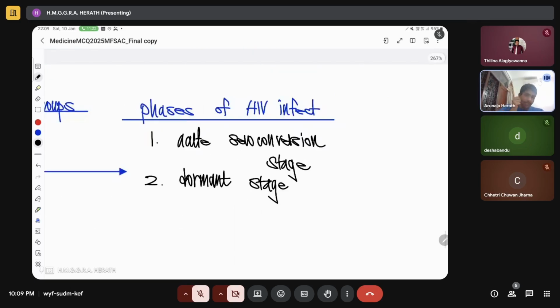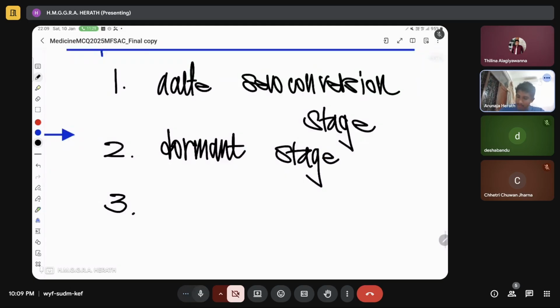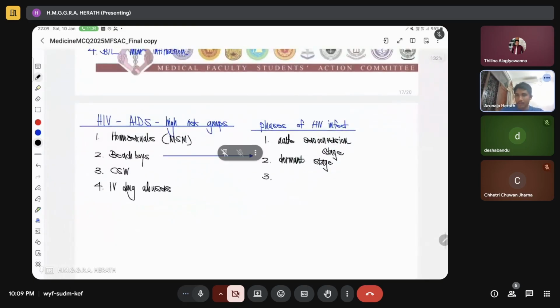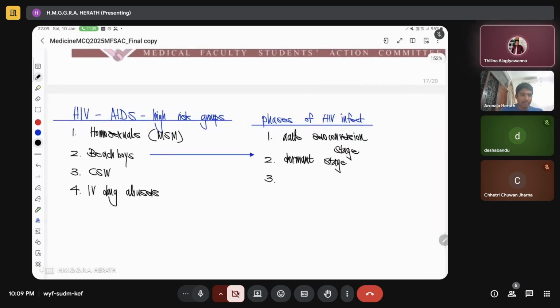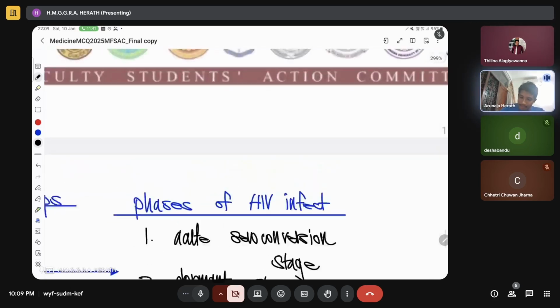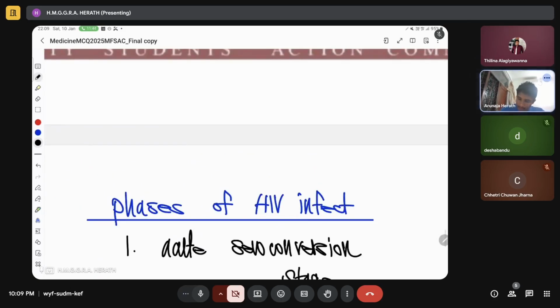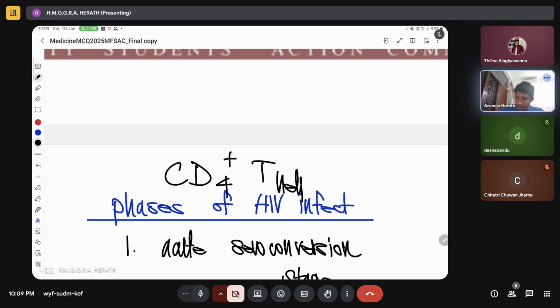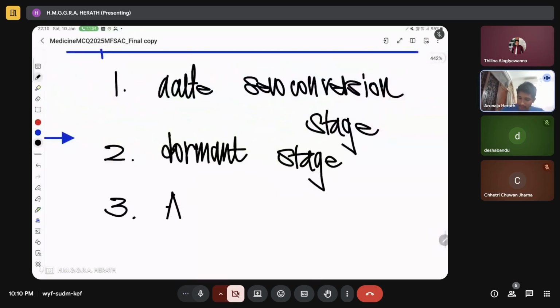However, the virus has now entered the lymphatic tissue and is now infecting all the WBC in the body, especially CD4 T helper cells. Right, and the final stage is the AIDS stage, acquired immune deficiency stage.